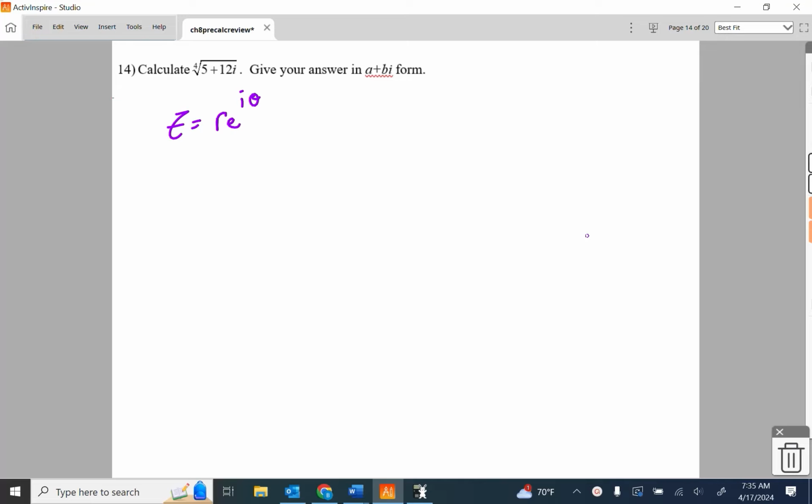Alright, so this is probably not the best way to do this. The best way to do this is probably to use de Moivre's theorem, which is z equals r (cosine theta plus i sine theta). And I'm missing something here. I think it's r to the n.